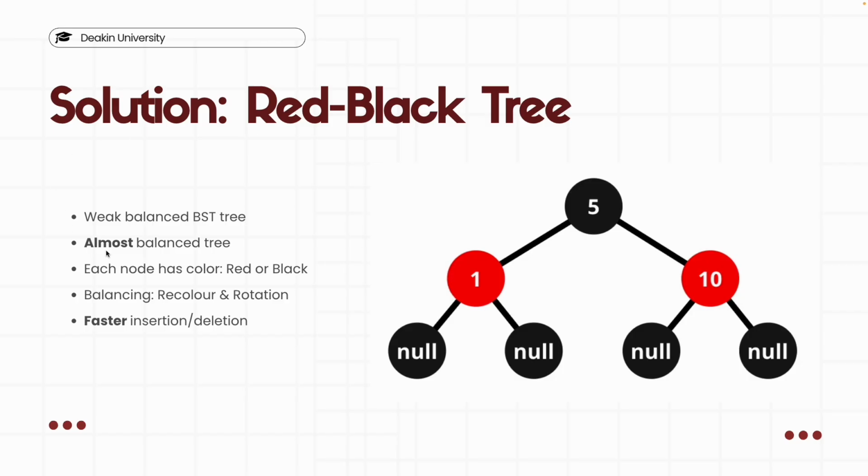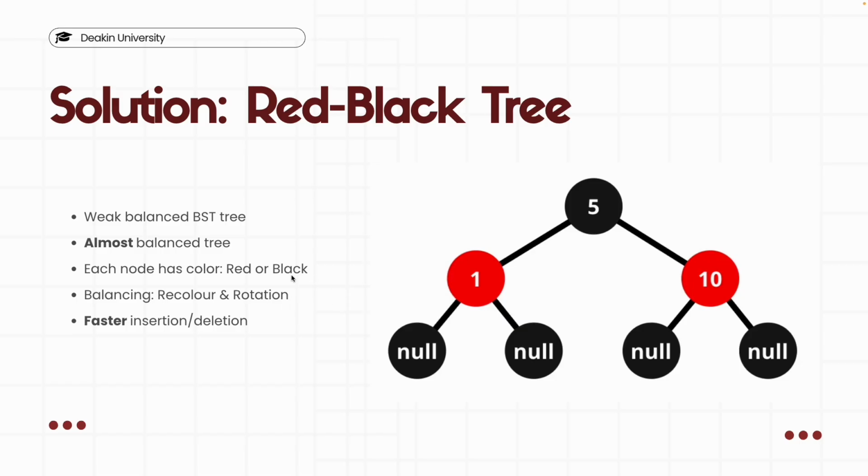And one very special feature of the red black tree is that each node has a color. It can be either black or red, as the name suggests. And instead of using the balance factor like in the AVL tree, in the red black tree we do balancing using two methods: recoloring and rotation.